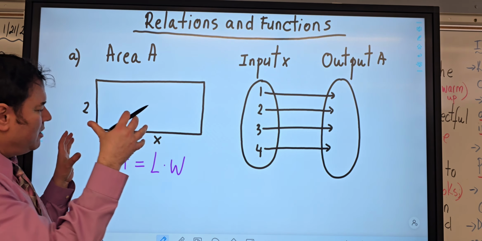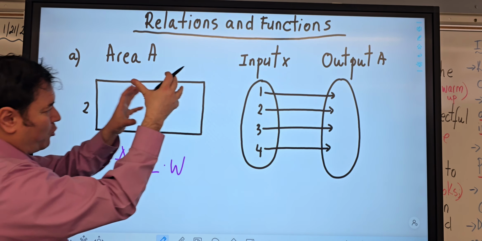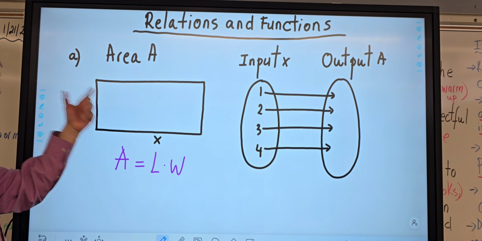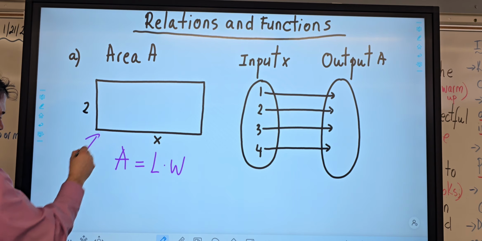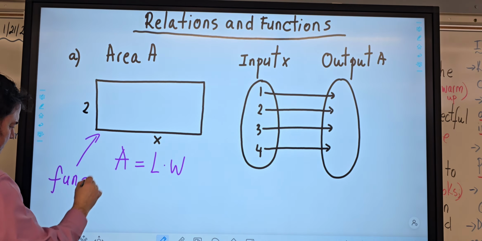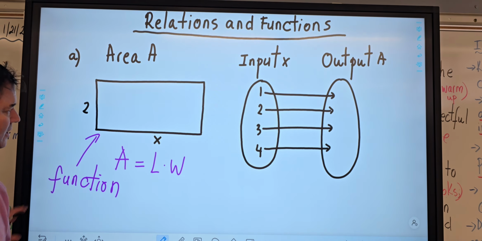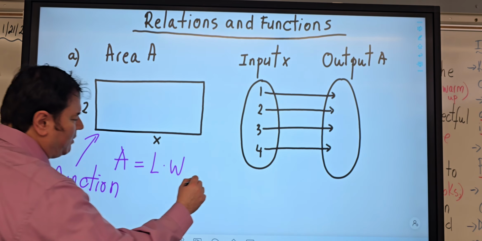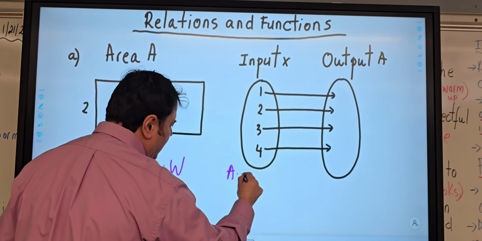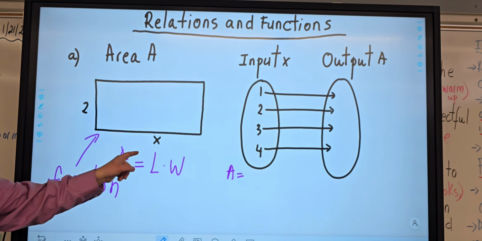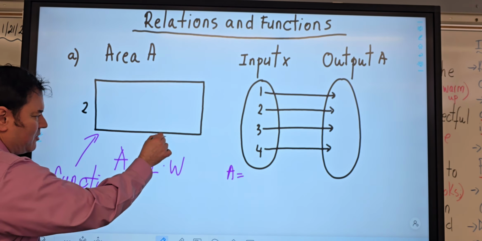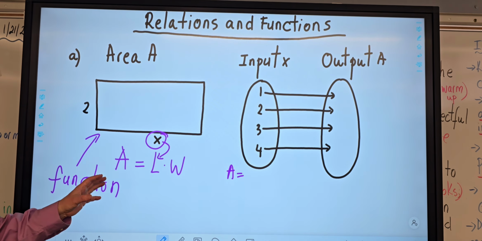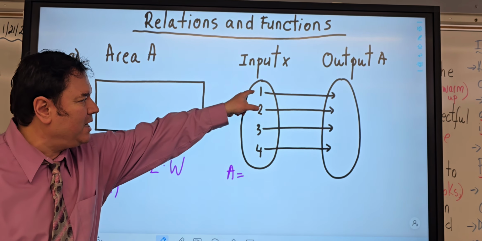And now if we put that information into our function, into that machine here, into our rectangle, right? So this is our function. See if we can get the output. So first of all, we start with the formula. So area equals the length. Our length is the x, right? So x is our length, okay? Don't forget that. So the first input for x is 1.